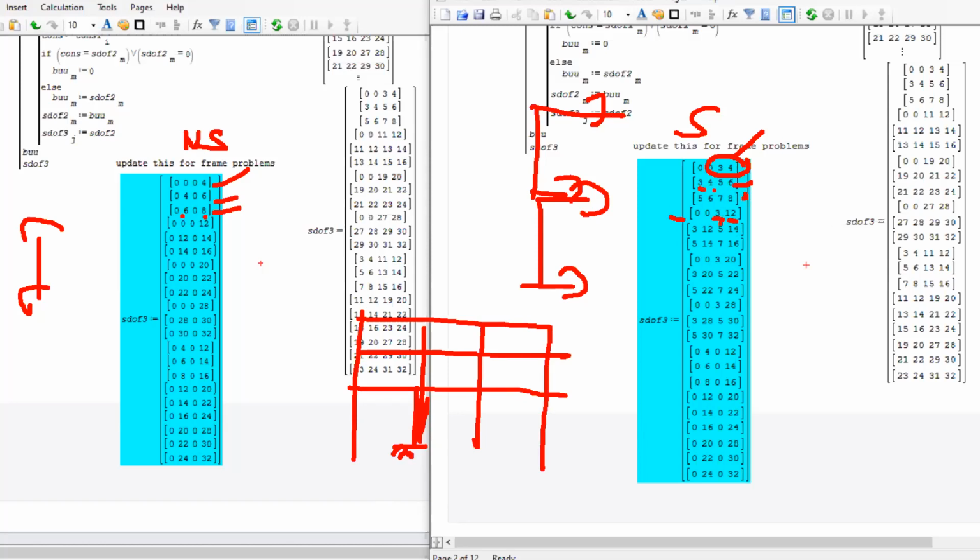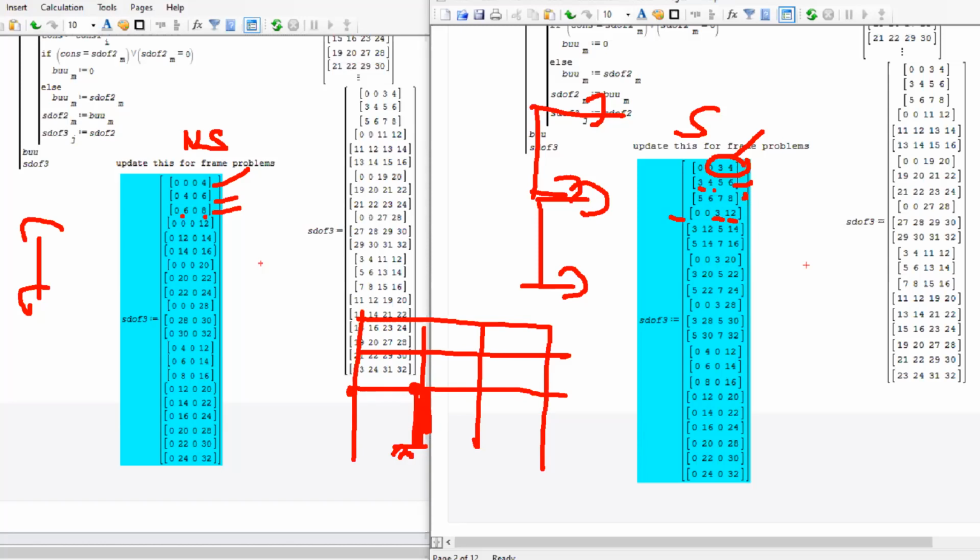That's why it's red earlier. I manually typed 3. Although the code in this column is not 3, I manually input 3 here to instruct the code that the lateral displacement here is the same as the lateral displacement here. That's the explanation there.